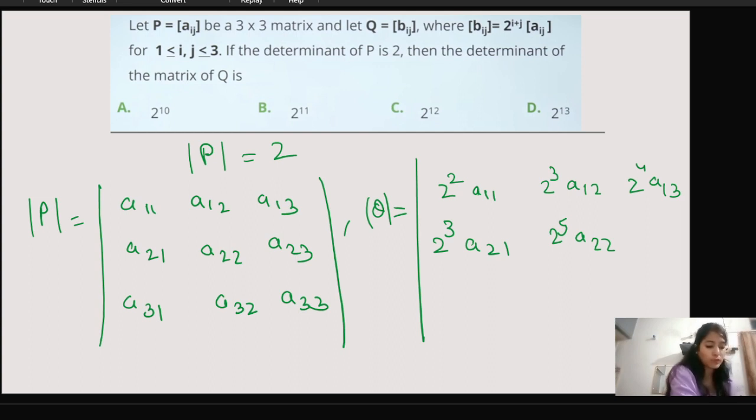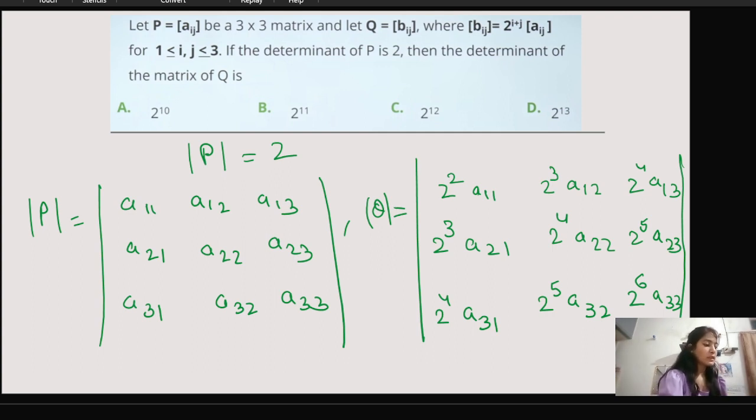We will get here 4 because 2 plus 2 is 4, right? And here 2 to the 5, A23, and here 2 to the 4, A31, 2 to the 5, A32, and then 2 to the 6, A33.